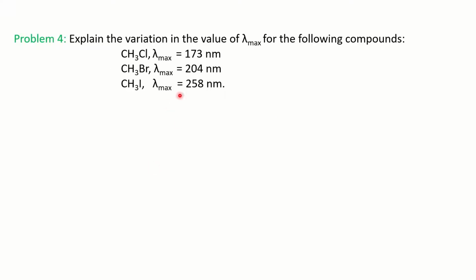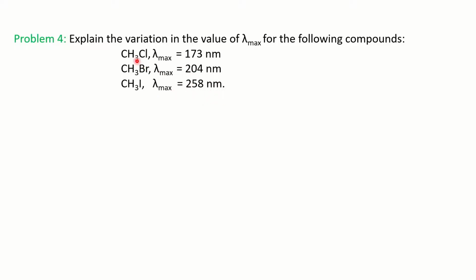In this problem, the lambda max value is given for different halides: methyl chloride, methyl bromide, and methyl iodide. You can notice that going down from chlorine to bromine to iodine, the lambda max value is increasing. You have to justify why this is so.